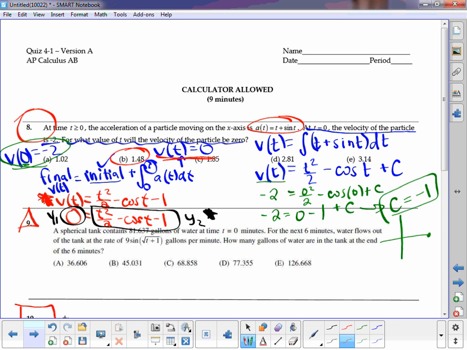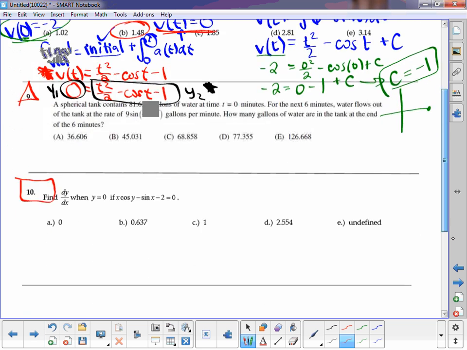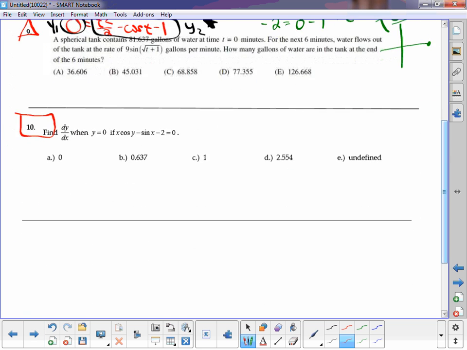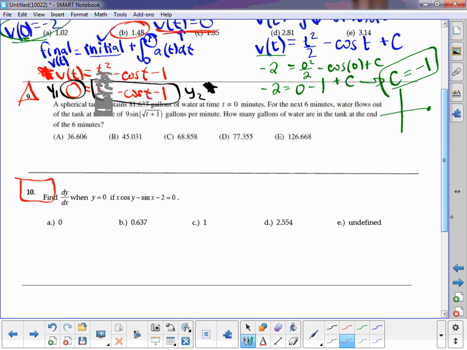Let's go take a look at number 10 while we're on this page, and then we'll take a look at first response. Alright, so number 10, find your derivative when y equals 0 if x cosine y minus sine x minus 2 equals 0. So let's go and find our derivative. Have to do it with implicit differentiation.